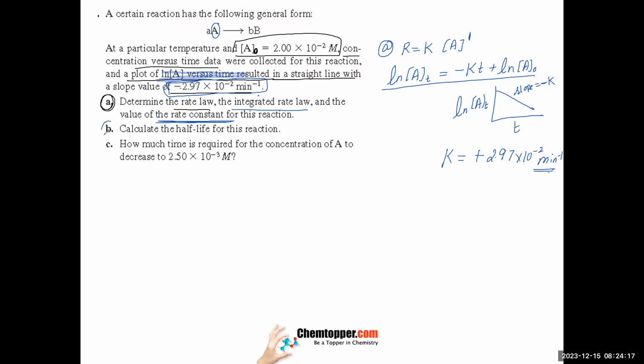Okay, B part. It's a first order kinetics. So what's the half-life of first order kinetics? The equation will be given to you. You have to pick up the equation. They will not write anything after the equation. They will not tell you this equation represents the half-life. That you have to decide yourself. What will be the units of this t half?